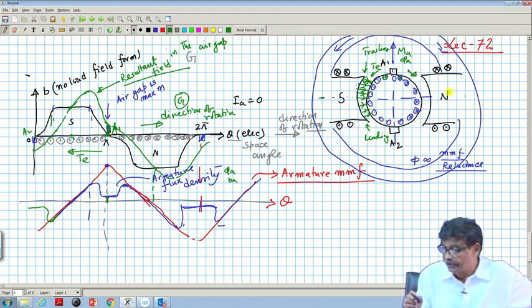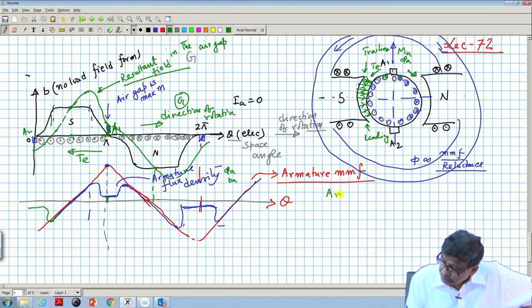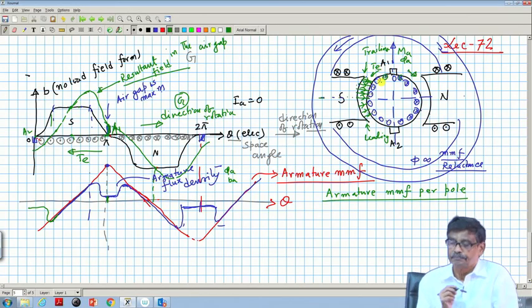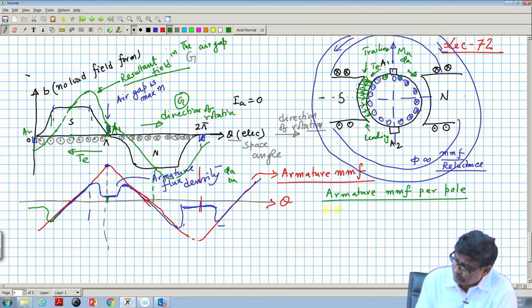How am I calculating? Please listen carefully. Armature MMF per pole. Let us first calculate that. Calculations are pretty simple, at least for this. So, this is the two pole representation of a machine. Let P be the total number of poles of the machine.